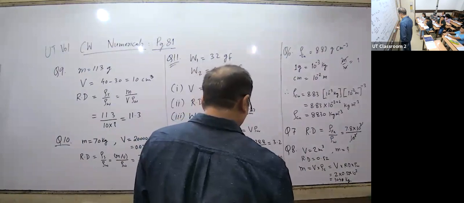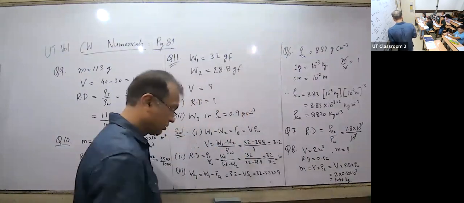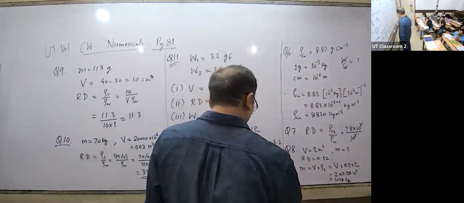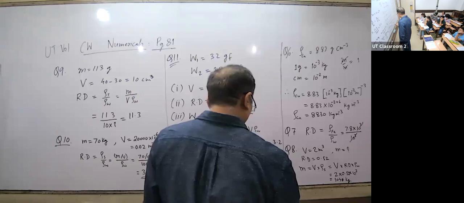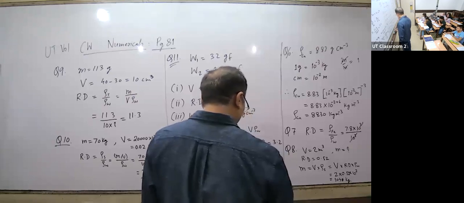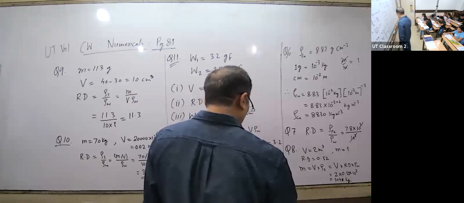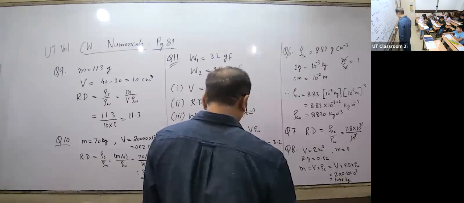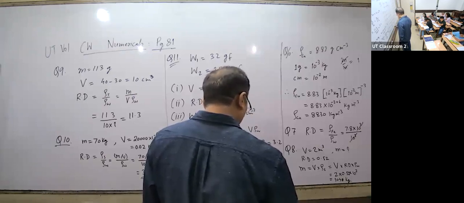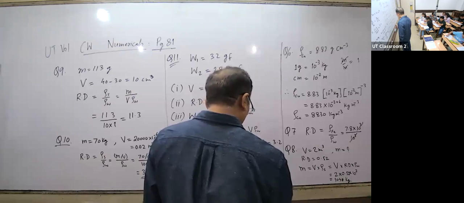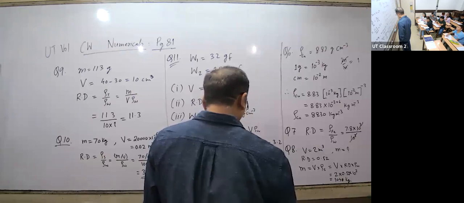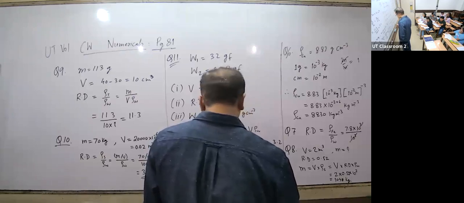So how much is that? This is a slightly lengthy calculation. 32 minus 2.88. What is the answer? 29.12 gram force.